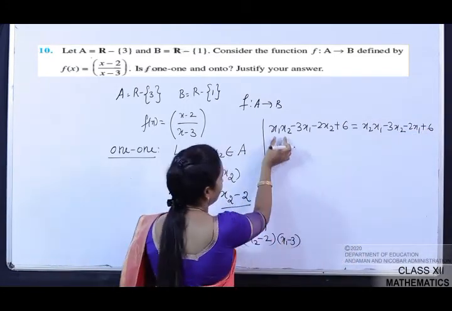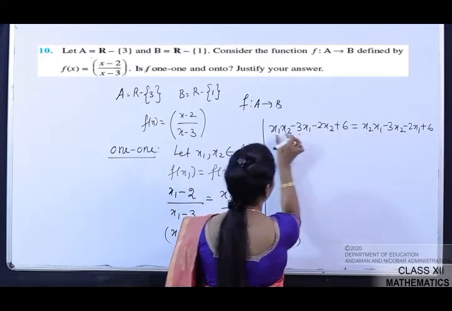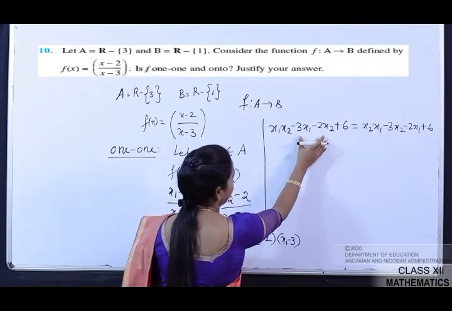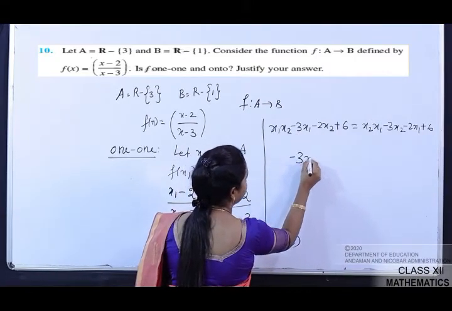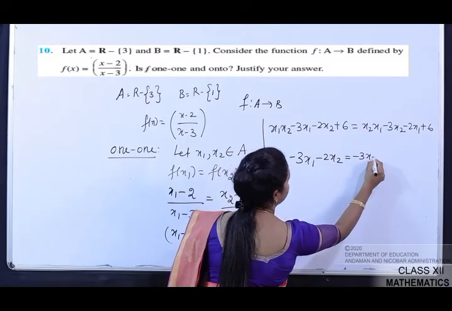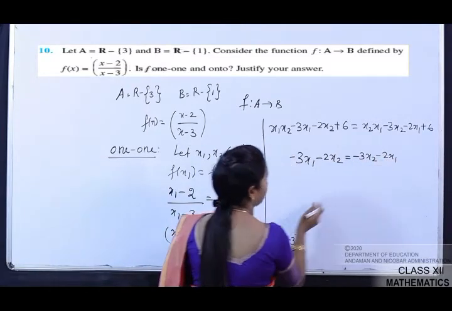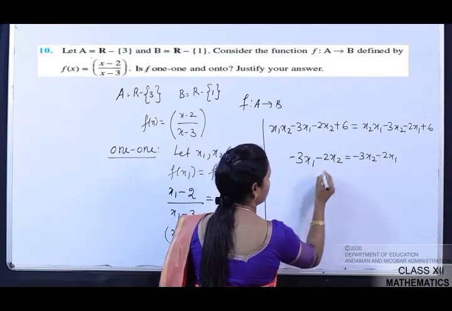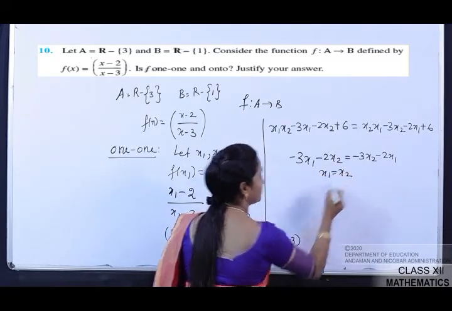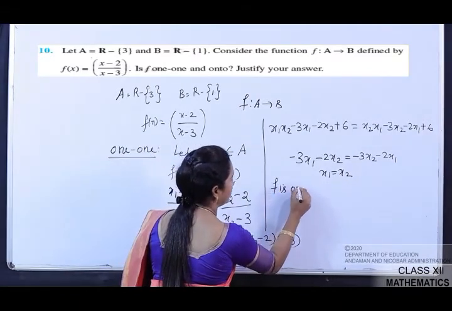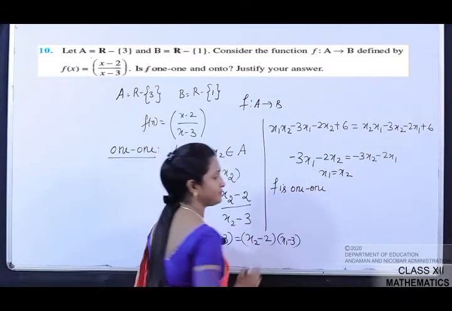Correct? Now x1x2 and x2x1 both get cancelled out. Even 6 also gets cancelled out. So what are the elements left? −3x1 − 2x2 = −3x2 − 2x1. So when you simplify this, x1 with x1 and x2 with x2, you are going to get x1 = x2. Okay, so you can say that f is a one-one function.